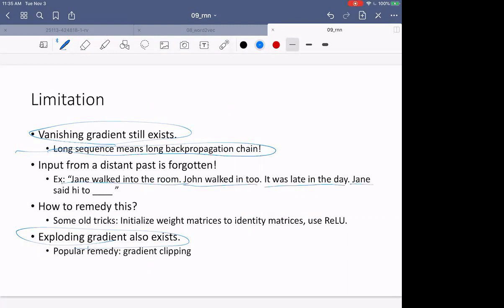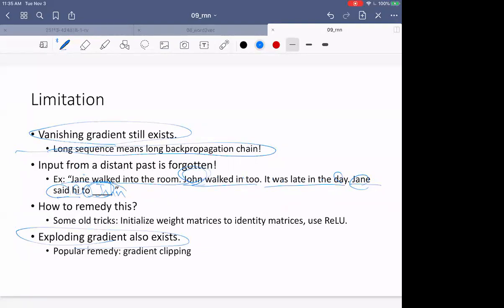It was late in the day. Jane said hi to what? Jane said hi to. Obviously, this is John, but John was such a long time ago, all the way to like -15 time steps or something. So it's easier for RNN to forget what happened in the past. So John will easily be forgotten if there's vanishing gradient.